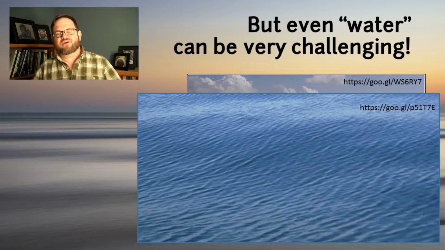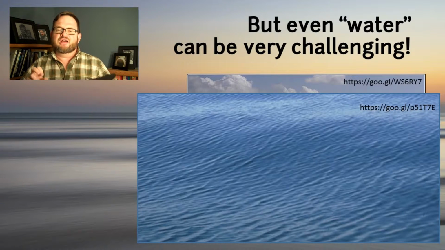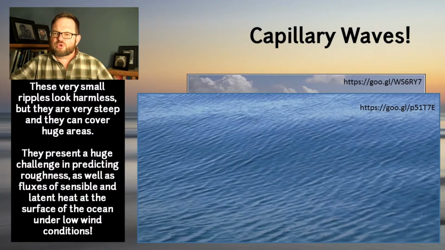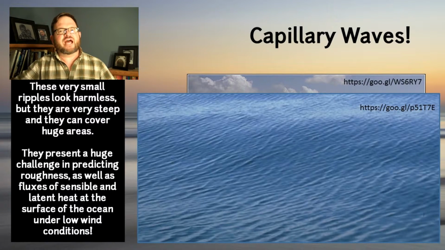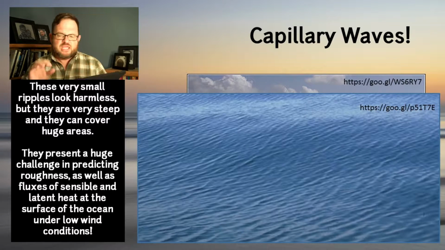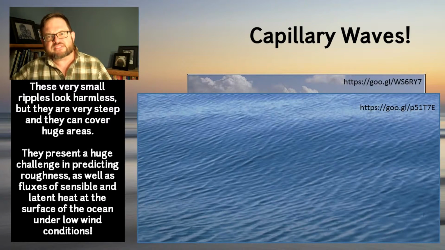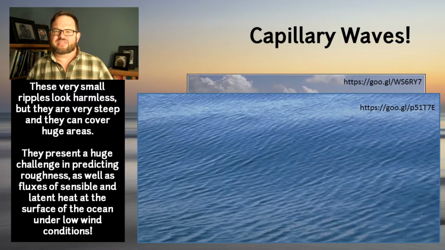Low wind speeds and how they interact with oceans are very, very complex, because you get these very strange little ripples on the surface. When the ocean is relatively flat, or a lake is relatively smooth, if you look closely, there's actually some fairly fast-moving little ripples on the surface. Those are a type of waves called capillary waves, and man, atmospheric scientists hate capillary waves.